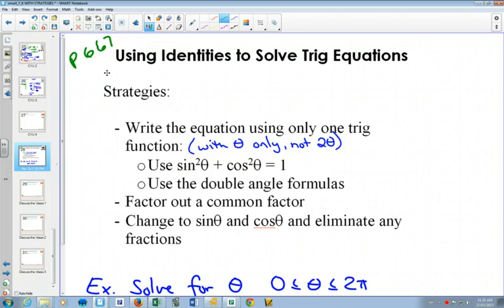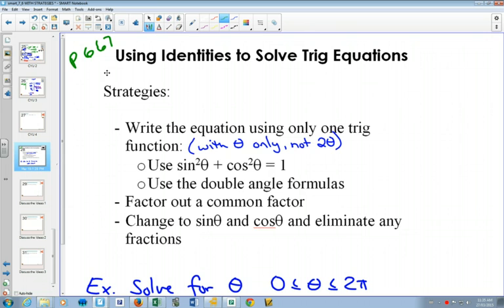So what's going to happen now is that sometimes these identities come up in solve questions. We're going to look at all trig equations that have the word solve in them. What do we do when we can't solve it the normal ways of just getting sine by itself or just factoring? What happens when we have more than one trig function?